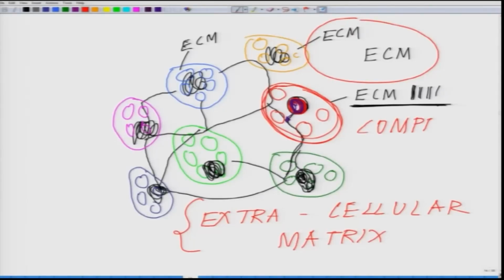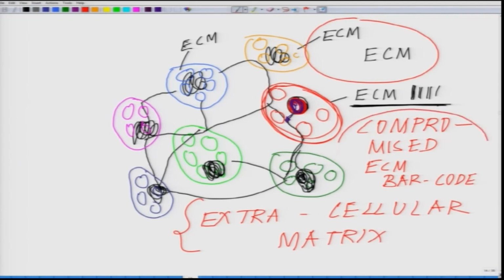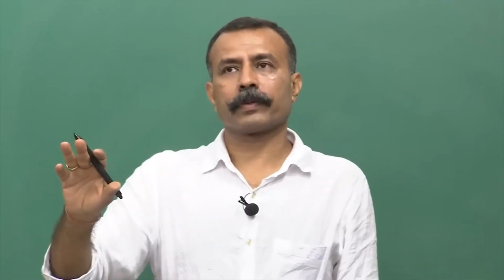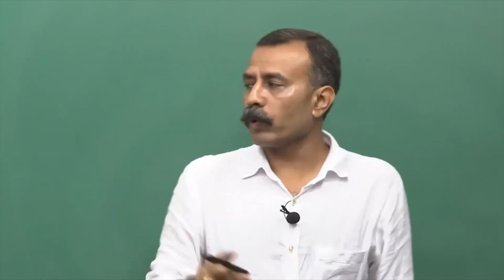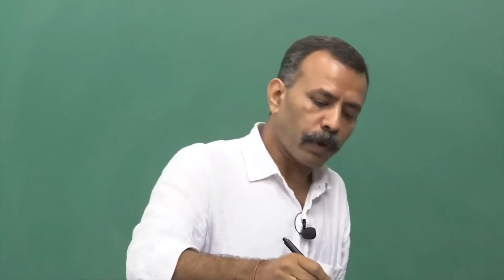So for those who are from outside biology, you can call it the compromised ECM barcode. This is how you should remember it. The barcode has been compromised. When the barcode is compromised, they can cheat anybody, and they do cheat. They go to some other part of the body and then create ruckus. So this is how it works. This is the second aspect one has to understand, what the ECM does.